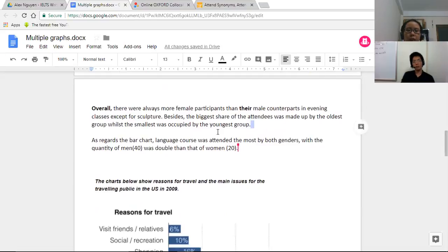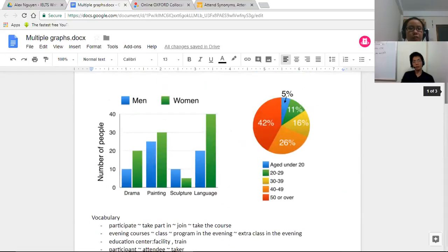So you say was attended the most by both genders. So if you write by both genders, the figure for male attendees here should be higher than the other classes, but it's not. Right?